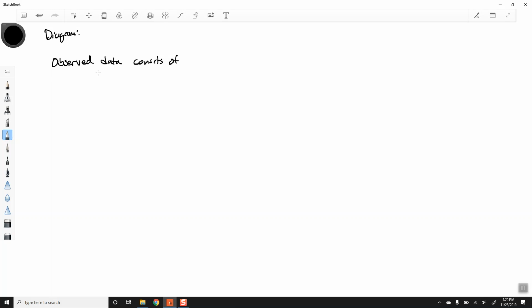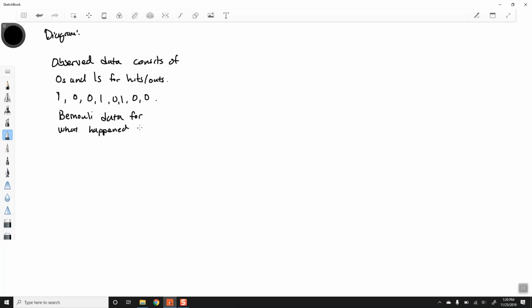Observed data consists of zeros and ones for hits and outs. We would have something like 1, 0, 0, 1, 0, 1, 0, 0. This is Bernoulli data for what happened at the plate.